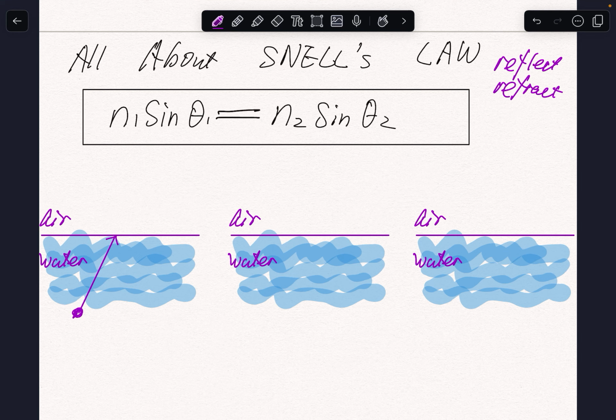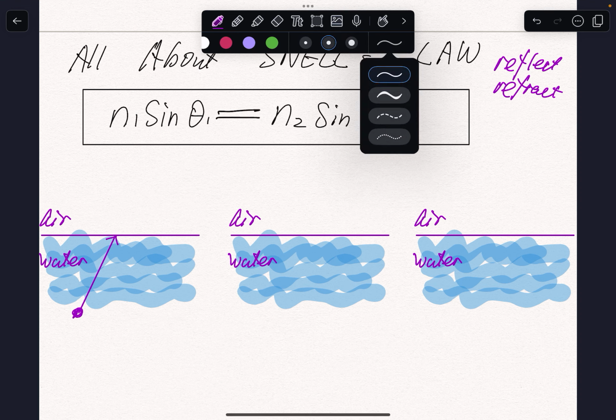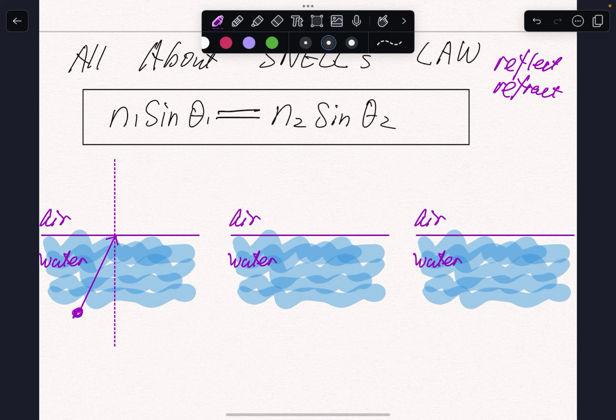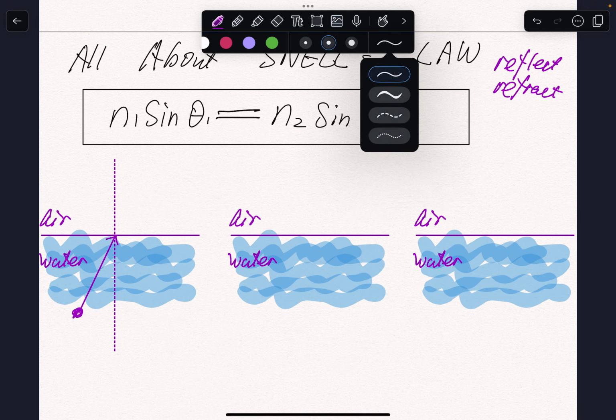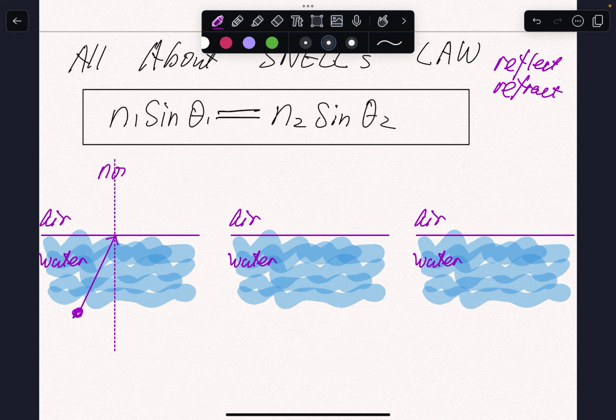Before the light refracts, let me draw a line that is perpendicular to the surface where the light is hitting. That surface is horizontal, and this vertical line we call the normal line. It's perpendicular to the surface.